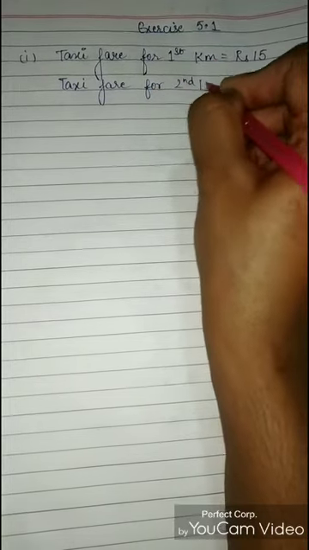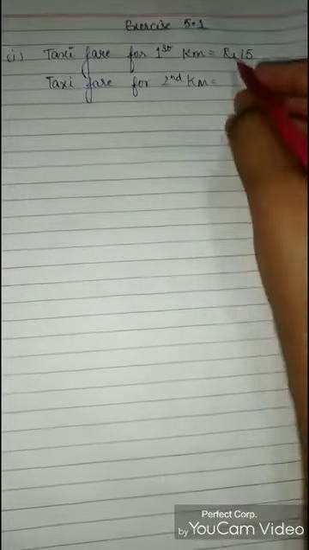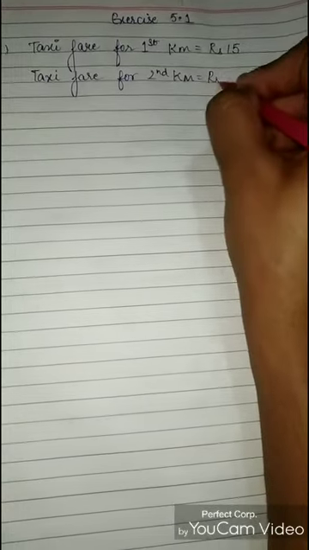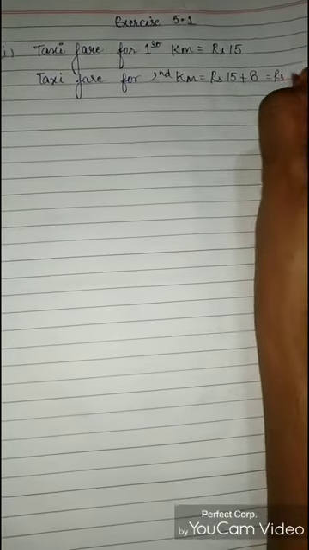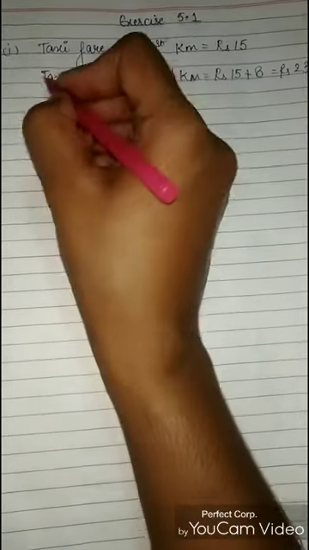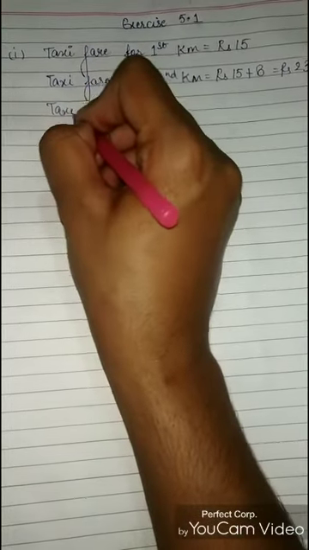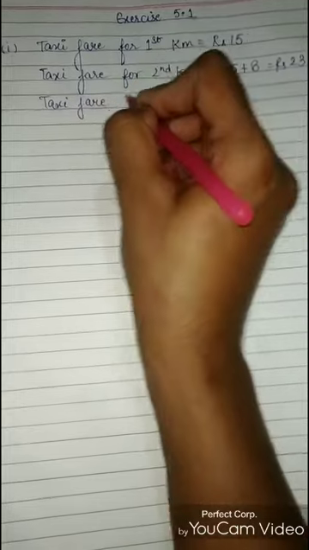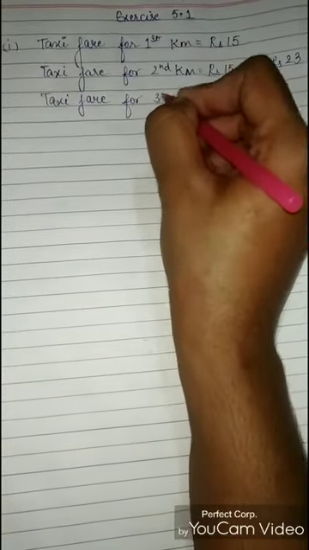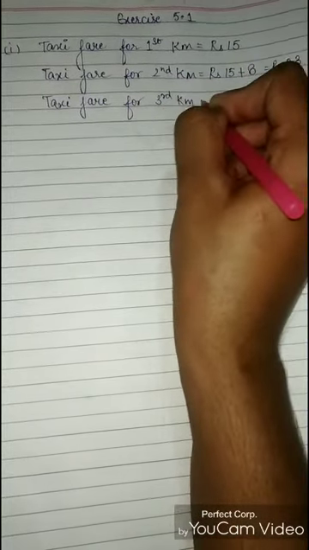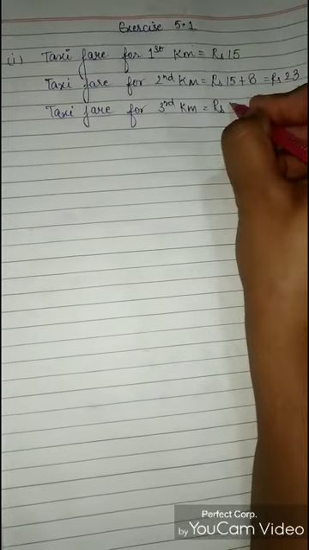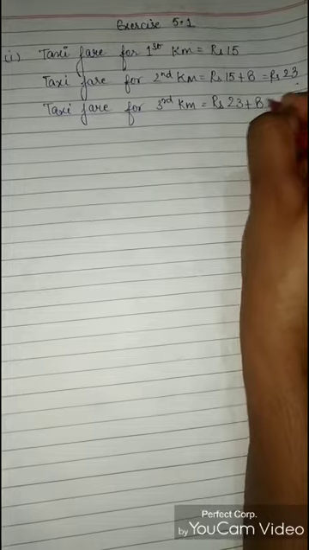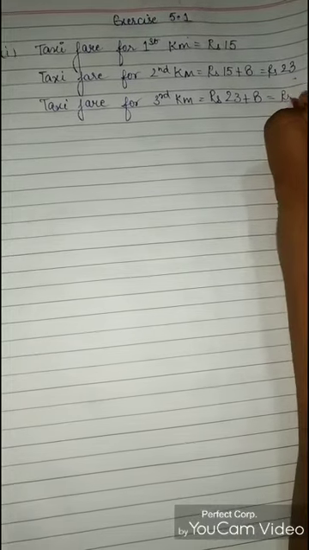What is the taxi fare for second kilometer? Additional 8 rupees, that means rupees 15 plus 8, that will be rupees 23. Now next, taxi fare for third kilometer will be, for first 2 kilometers it is 23, then next will be 23 plus 8, that means it is rupees 31.